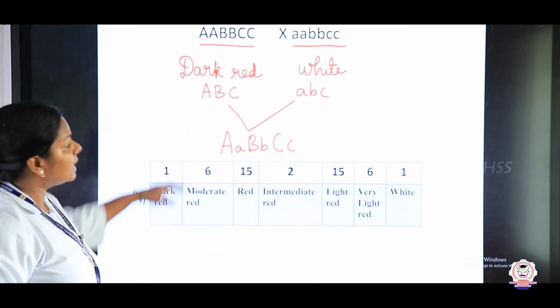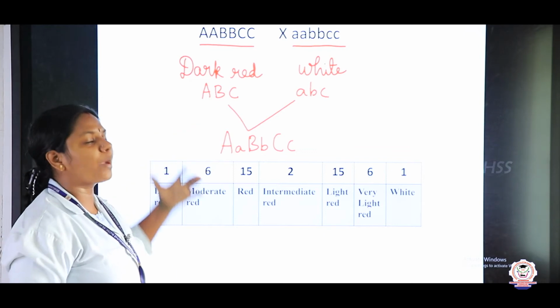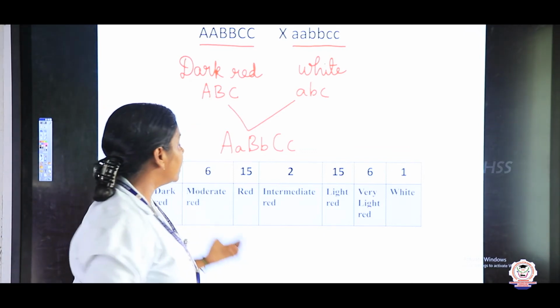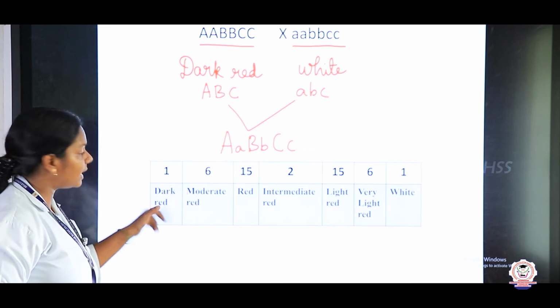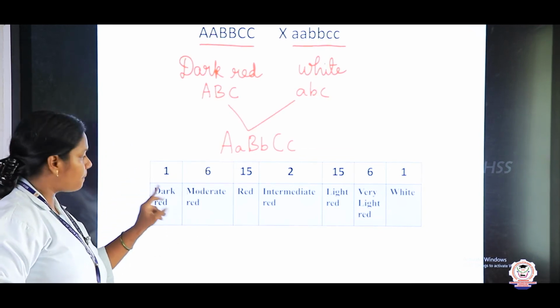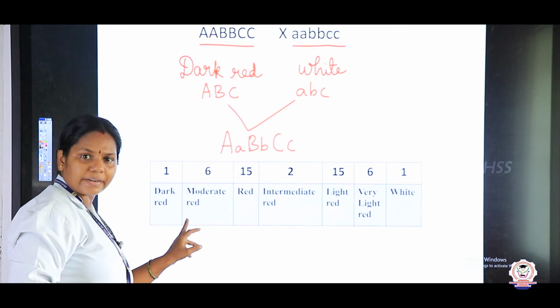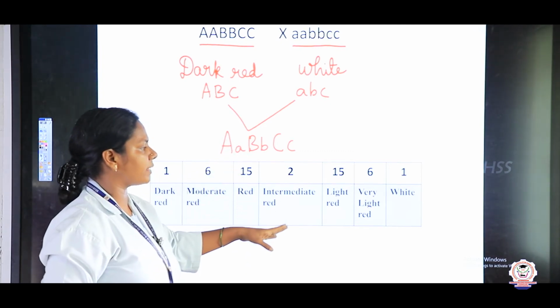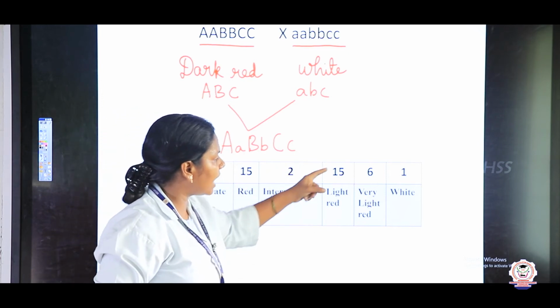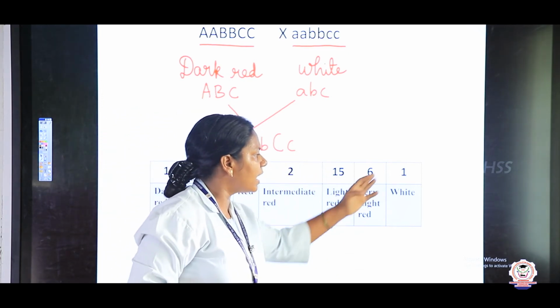So this is the F1 hybrid. When he crossed the F1 hybrid, he found the ratio like this: the dark red kernel 1, and there were 6 moderate red kernels, 15 red kernels, 20 intermediate red, 15 light red, and 6 very light red, and 1 white.